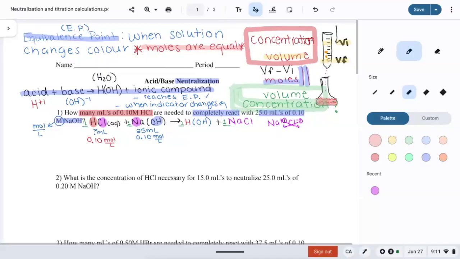And so in this case, the question could say completely reacts with, or how many milliliters are needed to reach equivalence point, or how many milliliters are needed to change the indicator color. All those things mean the same idea. So no matter what, we're solving it the same way.